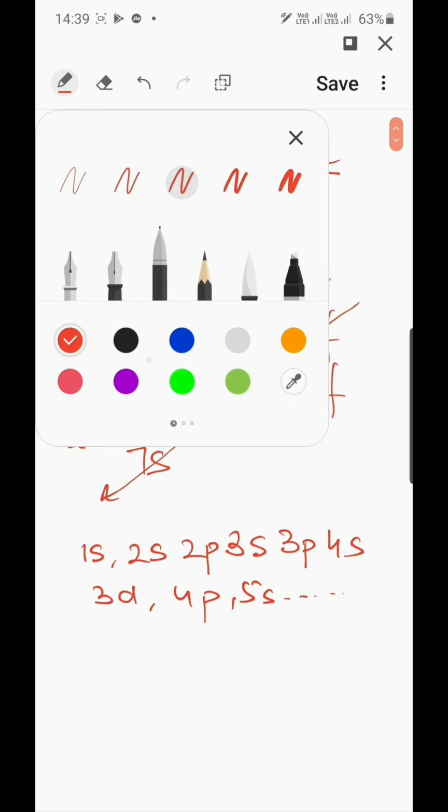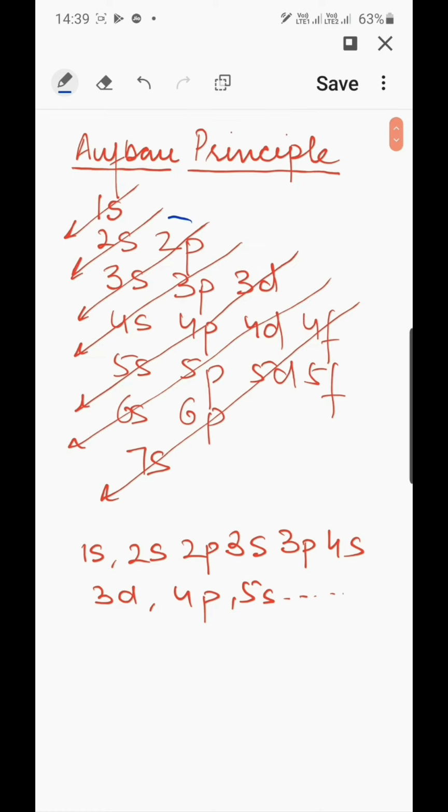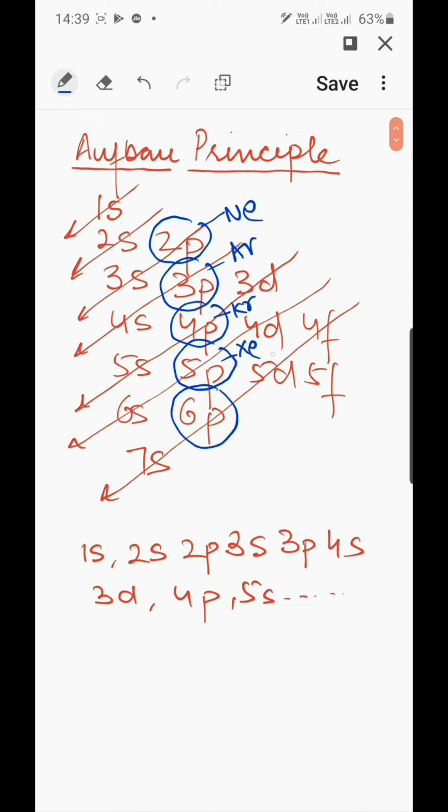And these are the positions of noble gases. This is neon, this is argon, krypton, xenon, and radon.